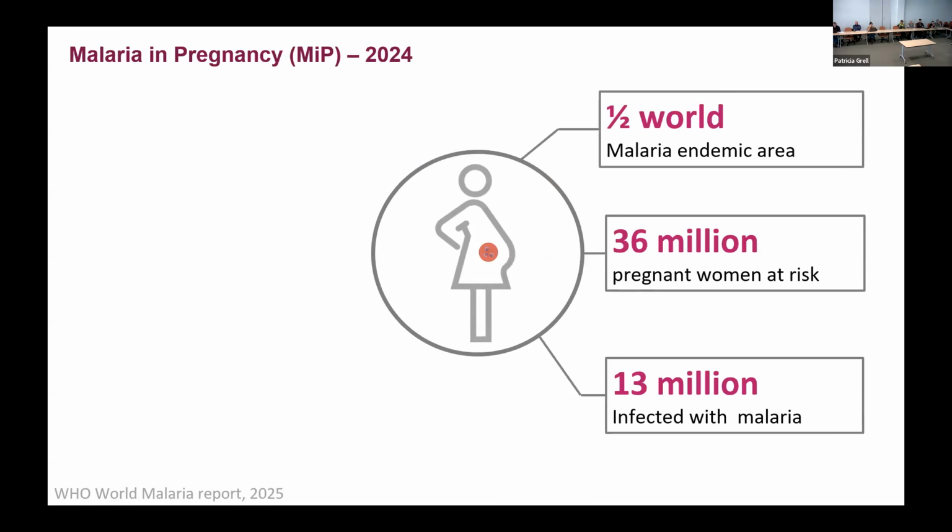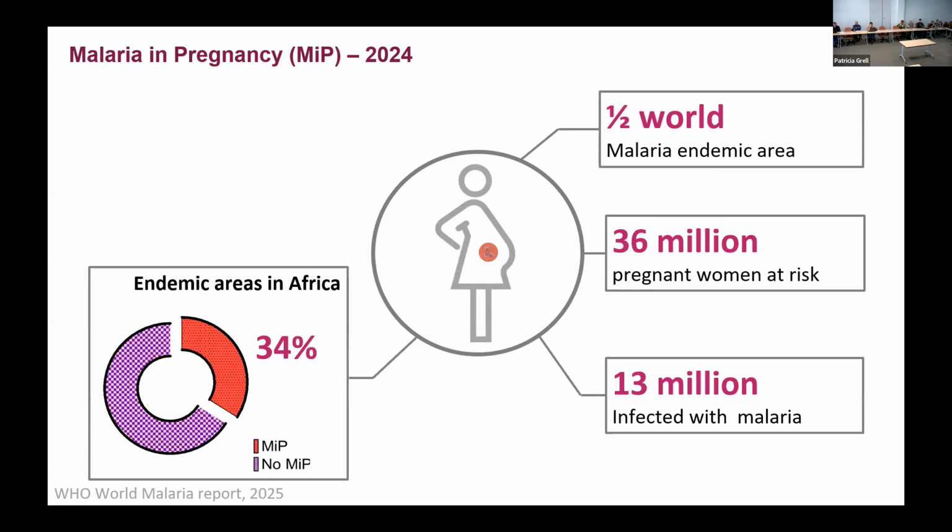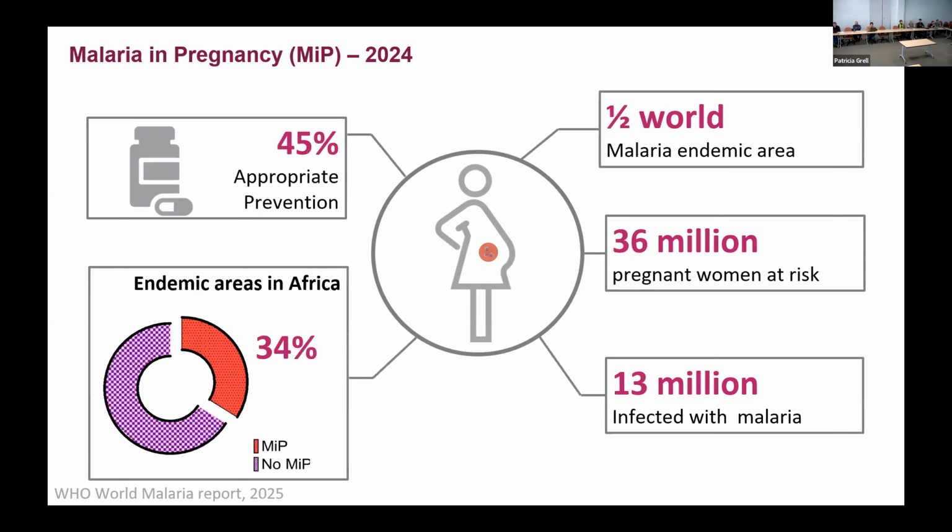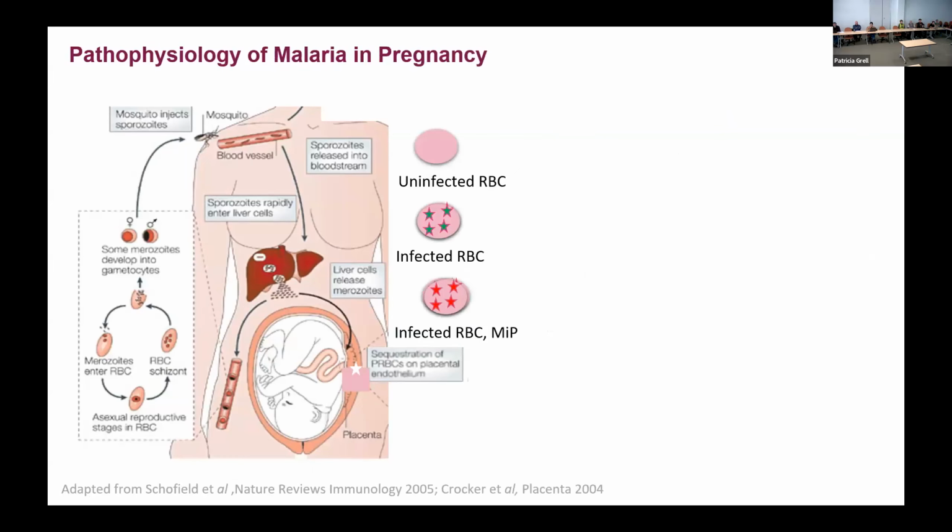And 13 million of them will end up infected with malaria, resulting in 34% of pregnancies on average having malaria in pregnancy. And the numbers have increased compared to the previous report of the WHO, but it's still only 45% with appropriate prevention. And that prevention is based on using drugs, and some of the parasites are resistant to those drugs. So this is the question to ask.